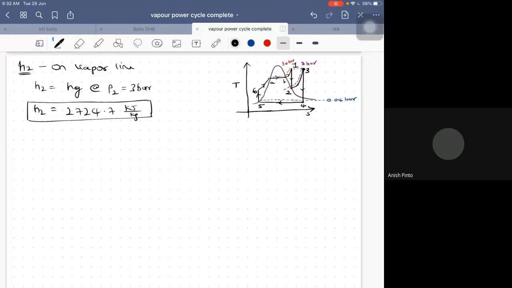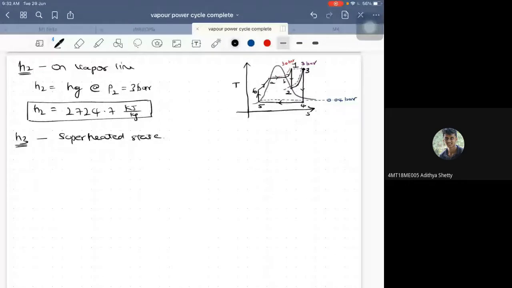Now let us move to H3. H3 is again where? Superheated at 250 degrees Celsius. It is in the superheated state. But what about the pressure? The pressure has changed. Pressure is 3 bar.